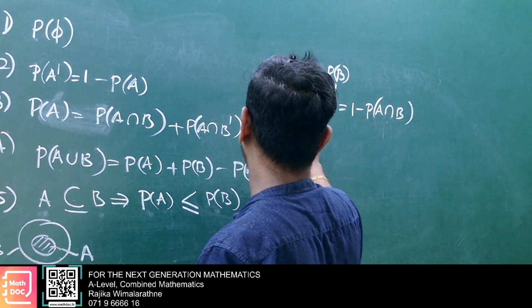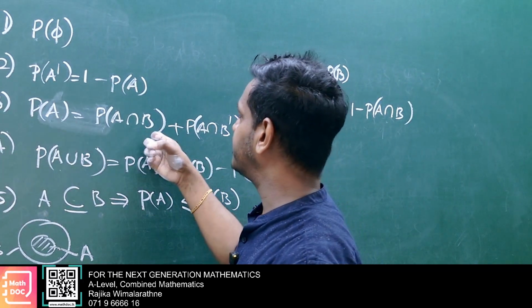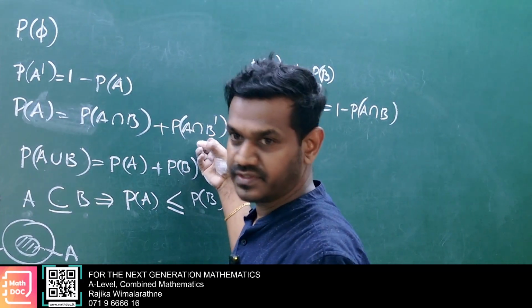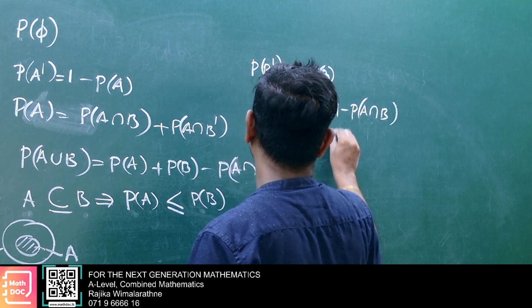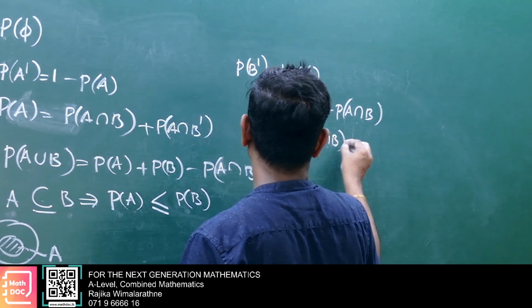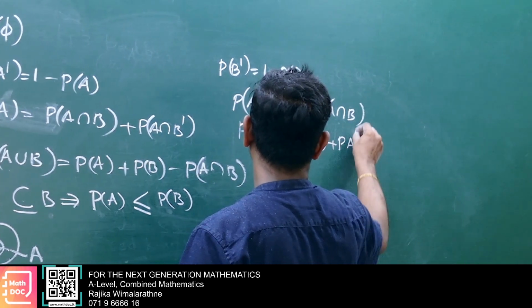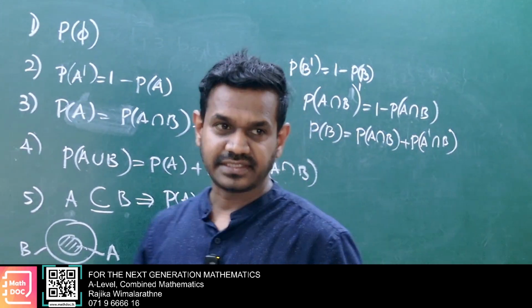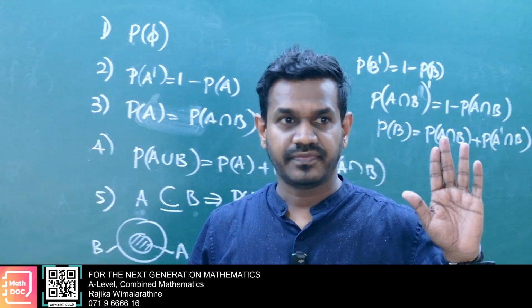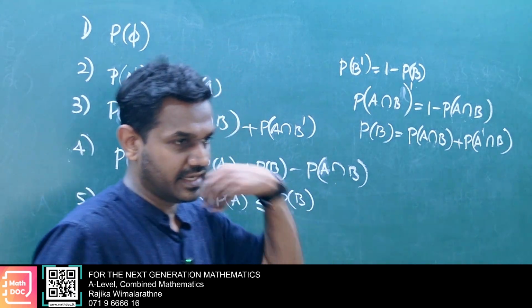Here P(A intersection B) plus P(A intersection B dash). Then for P(B), you write P(A intersection B) plus P(A dash intersection B). Clearly get the idea. This is the general one.